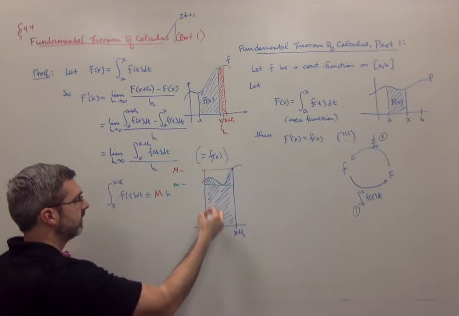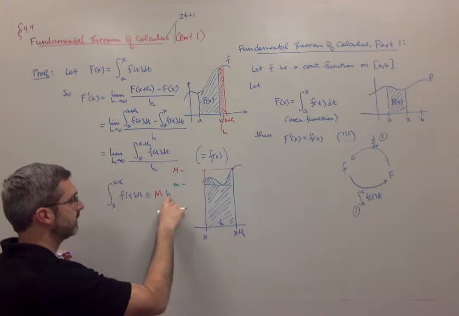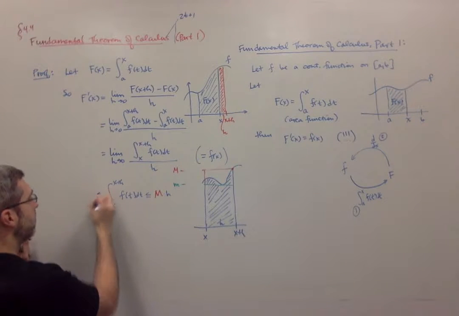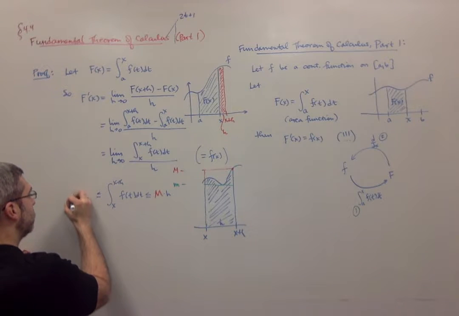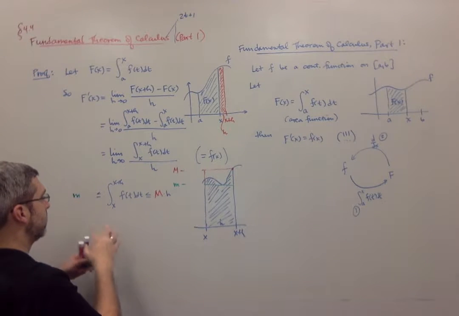Okay, this rectangle is capital M times the width, M times h. But it's bigger than the smallest the function gets, times the width.